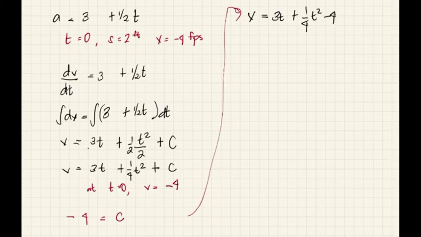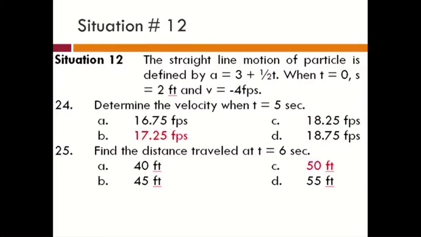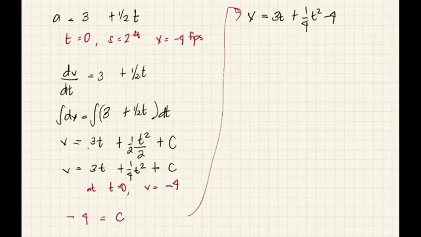Tama? So, if we want to get the velocity, ano ang pinapahanap? Velocity when time equals 5, then we simply substitute t equals 5. Tama? Okay, then, pagka ginawa natin yun, ano ang kalalabasan?